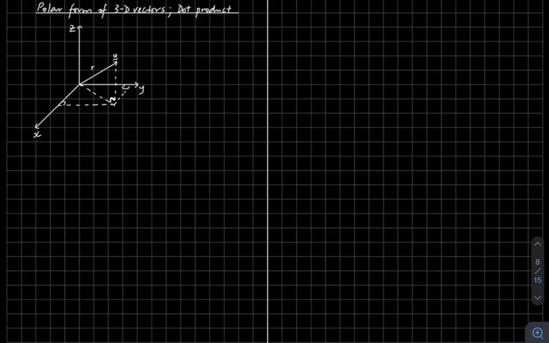Now if we were going to write u is equal to xi plus yj plus zk, then this here would be our xi vector, or that distance there would be the distance x. This distance along here would be the yj vector, so we could say that distance to there was the distance y.